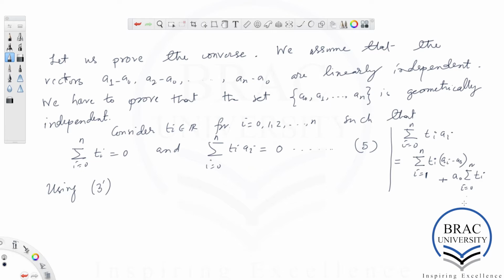This was our equation number 3 prime. Okay, good.